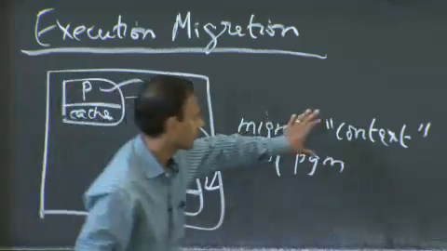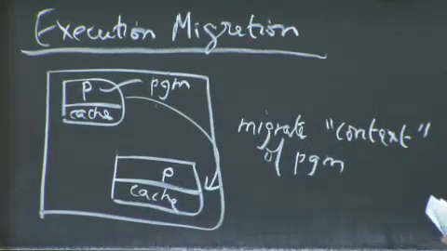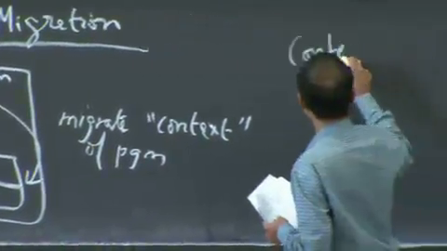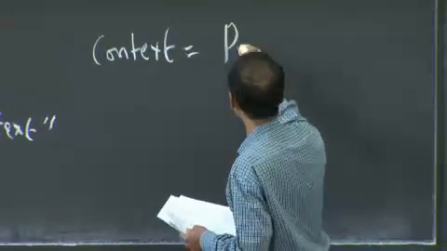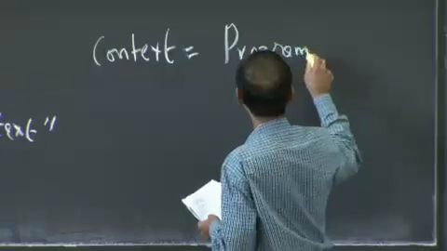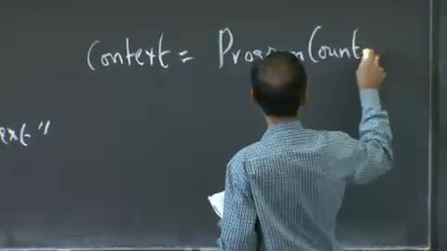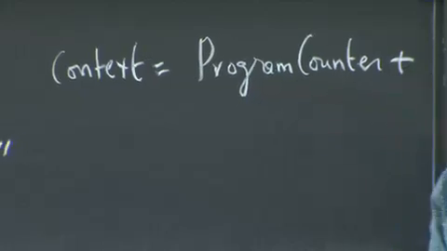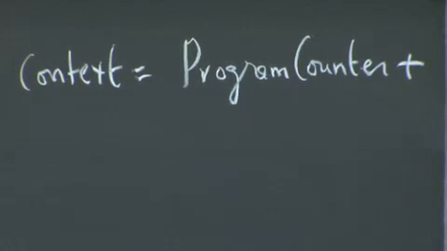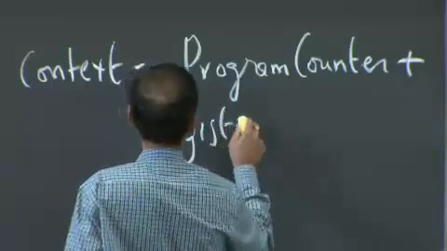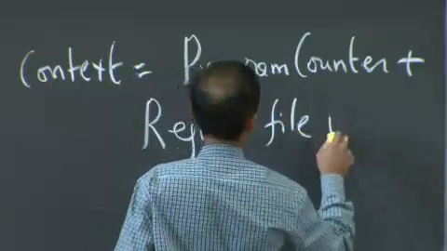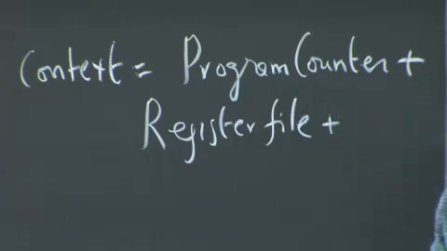And so what is the context? For those of you who have taken 6004, you probably know what this is, but it's simply where you are in terms of executing your program, and that's typically given to you by your program counter, your current state of your register file, and a few other things, including cache memory and so on and so forth.